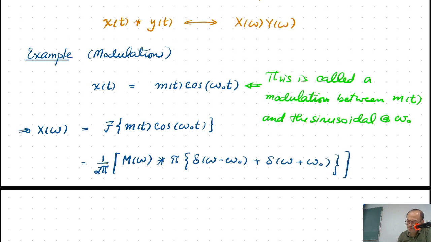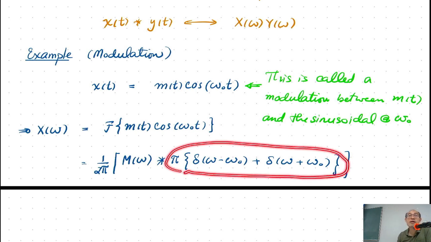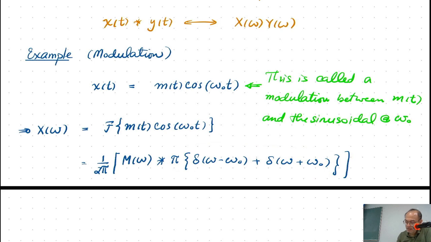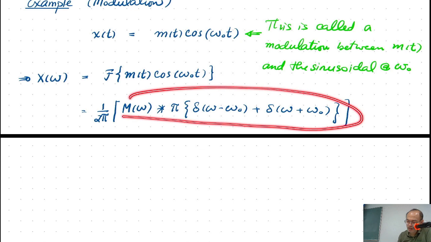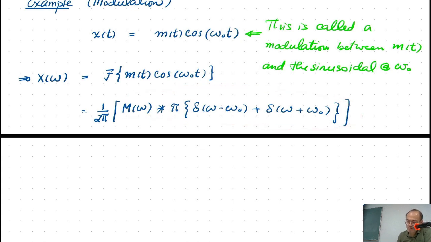This is just the spectrum of cosine, which you can find in the table. So we do the convolution. We can take the pi factor out because convolution is a linear operation, so then we have only 1 over 2.